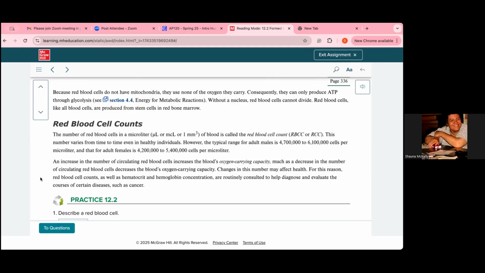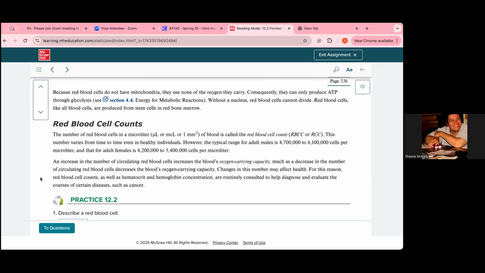An increase in the number of circulating red blood cells increases the blood's oxygen carrying capacity, much as a decrease in the number of circulating red blood cells decreases the blood's oxygen carrying capacity. Changes in this number may affect health. For this reason, red blood cell counts, as well as hematocrit and hemoglobin concentration, are routinely consulted to help diagnose and evaluate the courses of certain diseases, such as cancer.